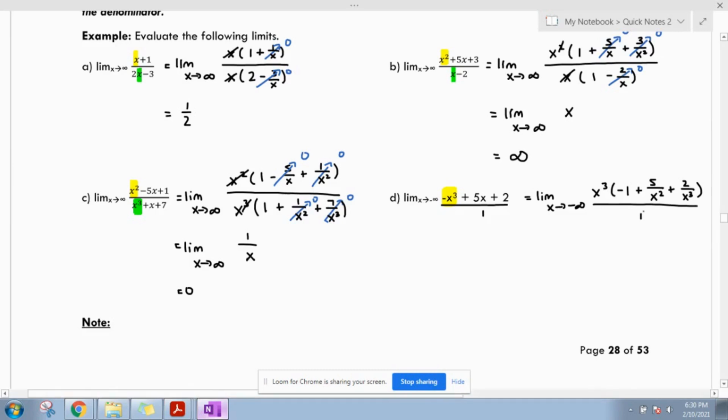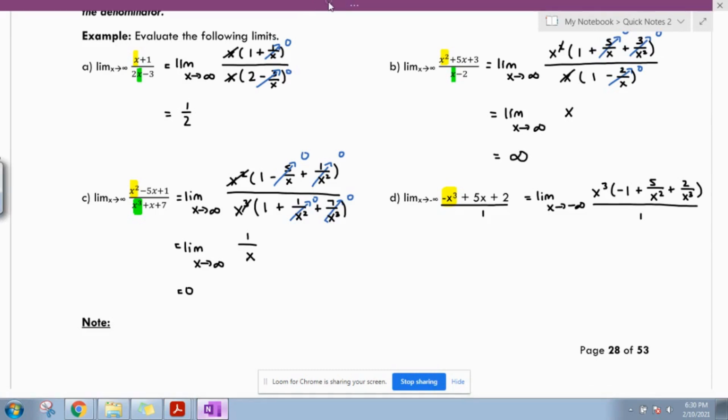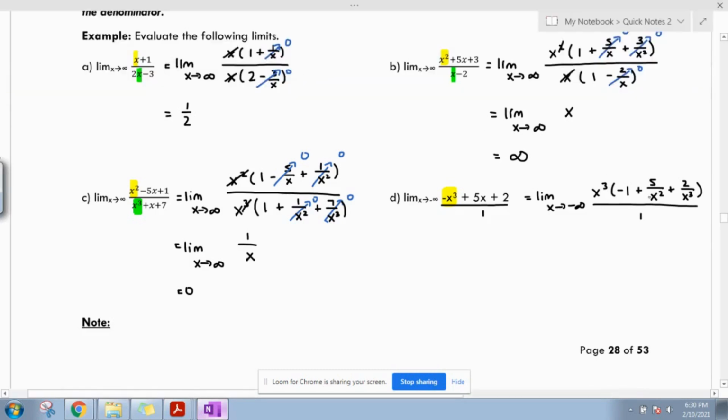All right, so now if I take a look, 5 over x squared is going to head to 0. 2 over x cubed is also going to head to 0. Even though we're going to negative infinity, in the long run, 5 over negative infinity squared is going to reach 0. Same thing with 2 over negative infinity all cubed. It's still going to head towards 0. So that's why we can do that.